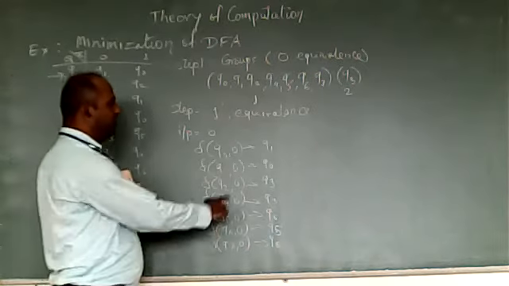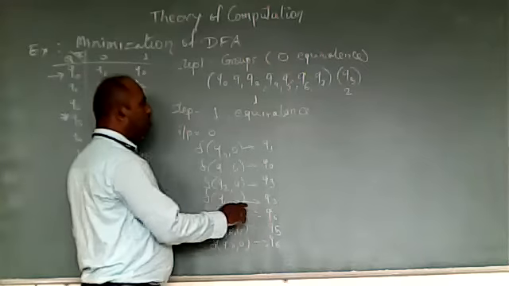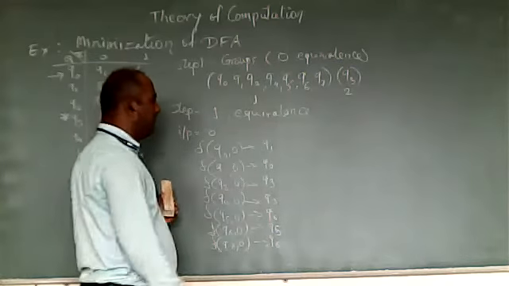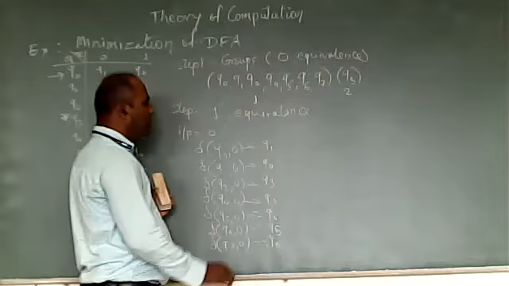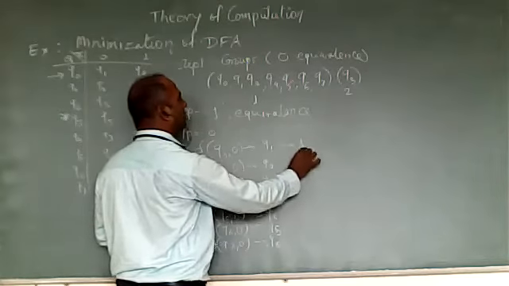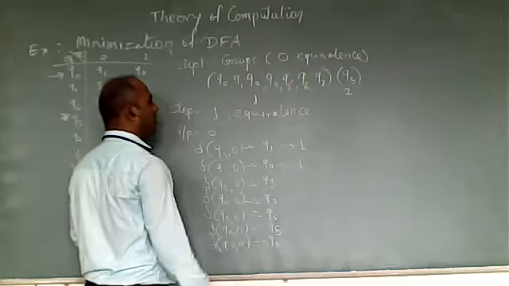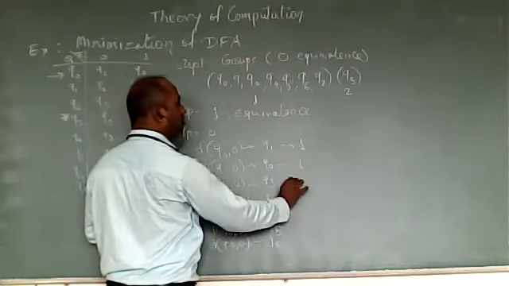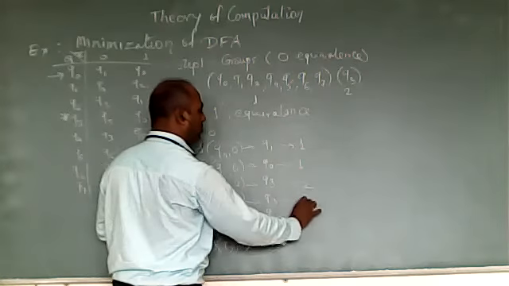Now we have to check which block these output states belong to, because we divided the states into two blocks, 1 and 2. Q1 belongs to block 1. Q0 belongs to block 1. Q3 belongs to block 2. Q3 belongs to block 2.